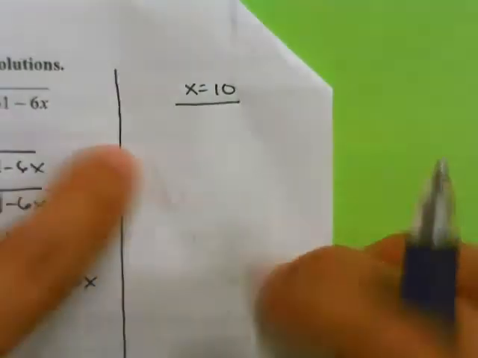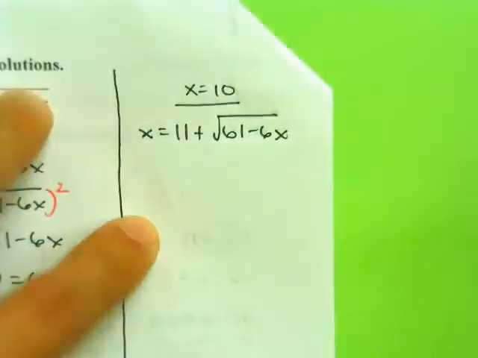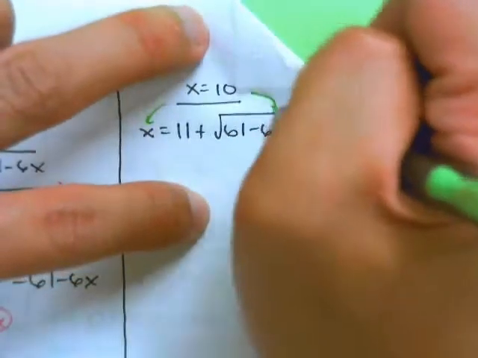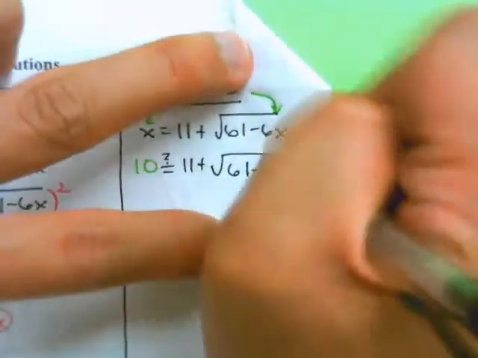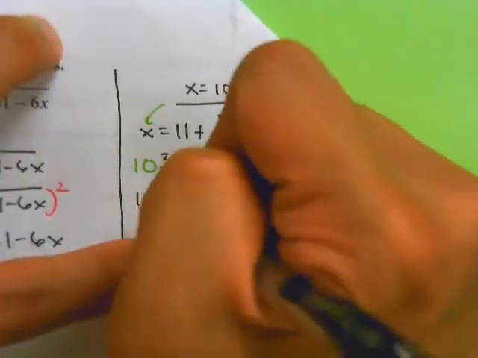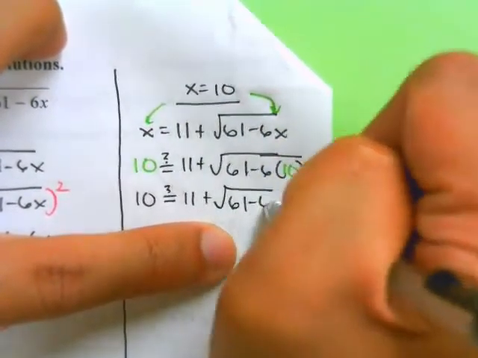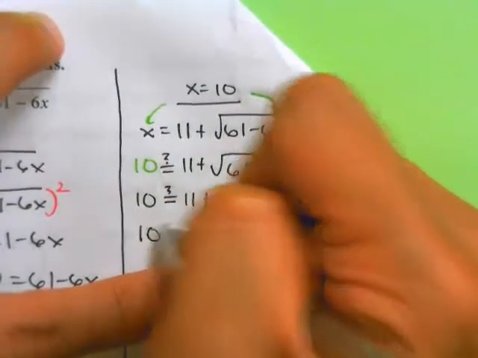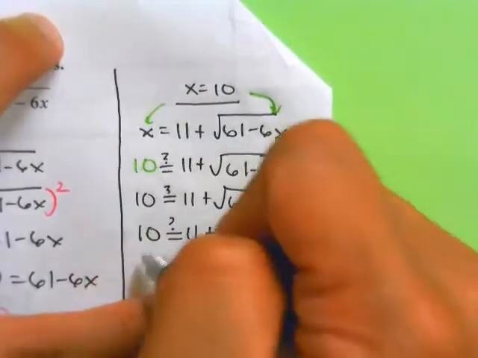Start with 10 first, and we're going to use the original equation that we used, x equals 11 plus the square root of 61 minus 6x. Okay, and then we're going to plug in the 10 here and here. So 10, is that equal to 11 plus the square root of 61 minus 6 times 10? 10, is that equal to 11 plus the square root of 61 minus 60? 61 minus 60 is 1.